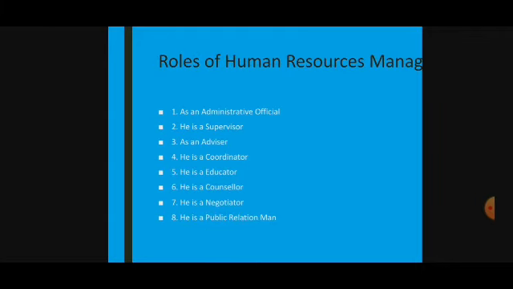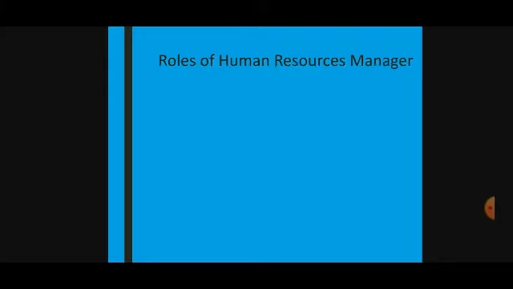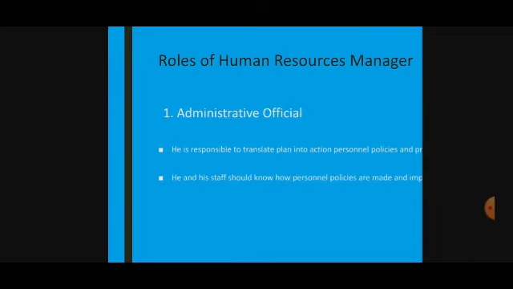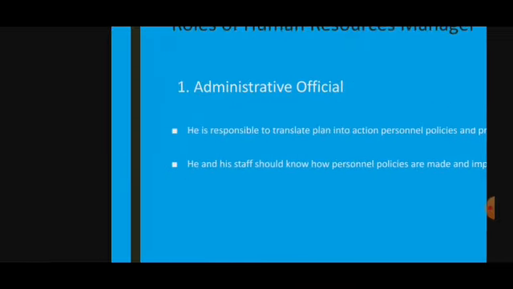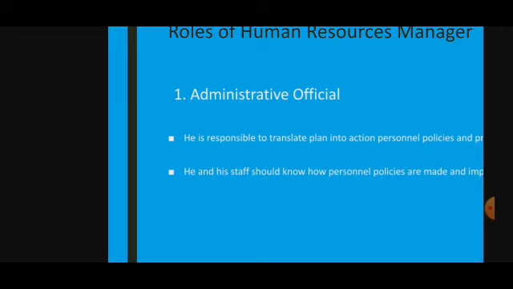Role of the human resource manager. As an administrative officer, he is a supervisor, as an advisor, he is a coordinator, he is an educator, he is a counselor, he is a navigator, he is a public relations man. The administrative officer is responsible for turning the plan into action and personnel policies.